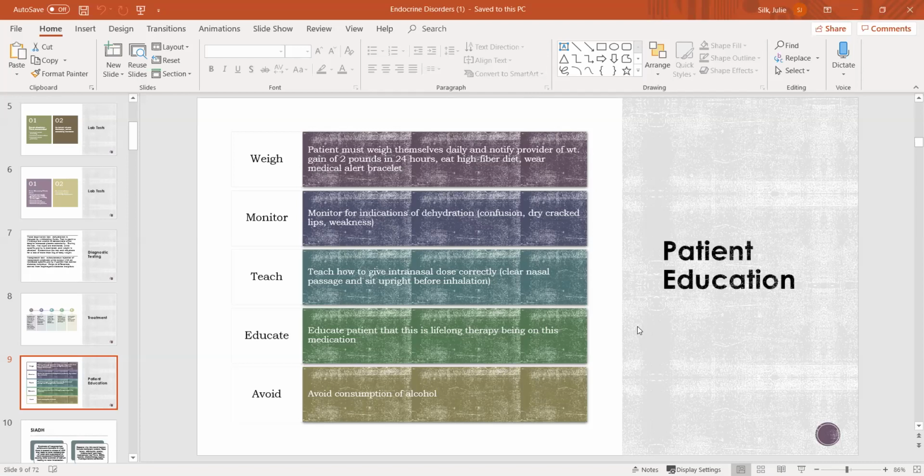So just a little bit about this medication. Again, it can be given a bunch of different ways. It's basically just a man-made hormone used to help control urination and thirst in someone with diabetes insipidus. So what it does is it causes an increase in water absorption from the kidneys.